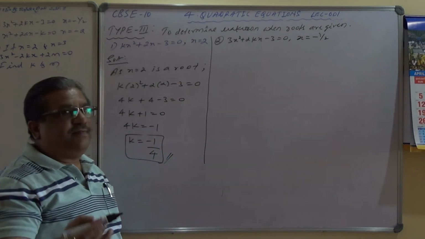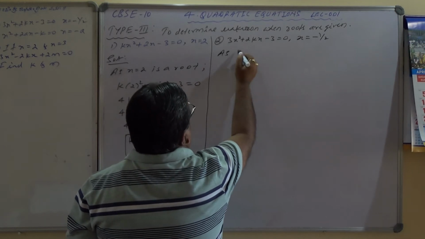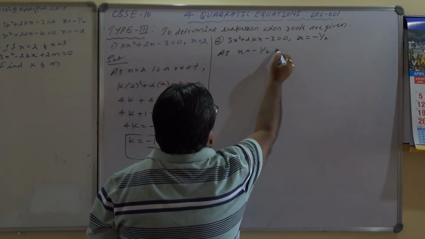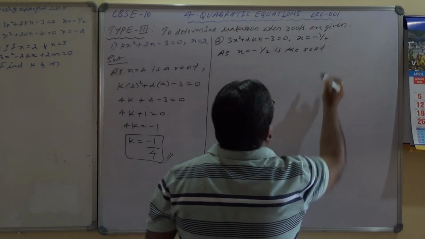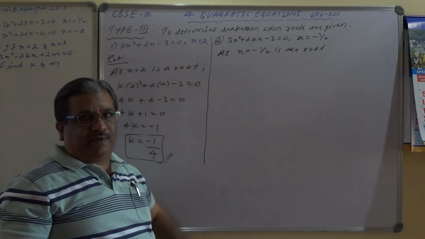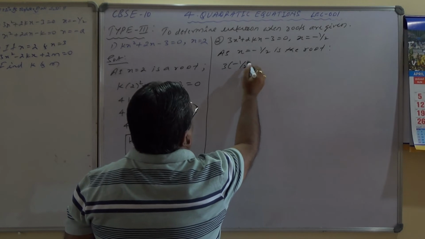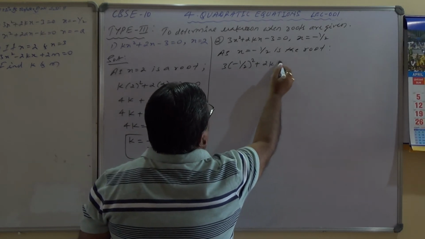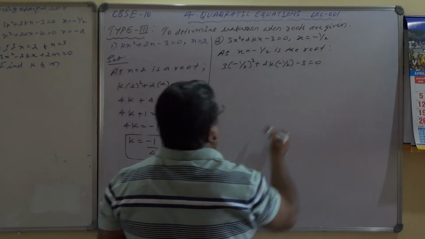So as x equals minus half is the root, I have to substitute the given value of x in the given equation. 3 times minus half the whole square plus 2 times minus half times k minus 3 equals 0.